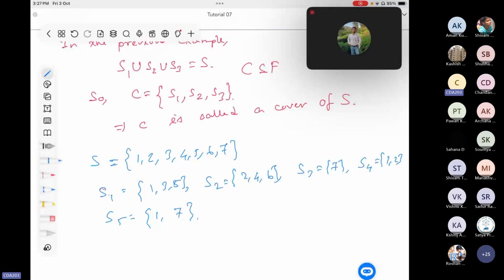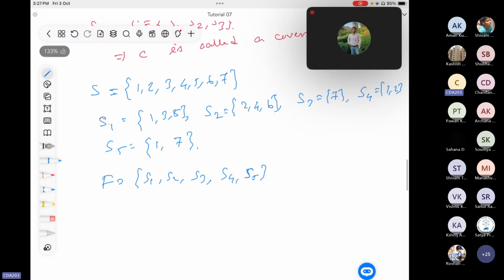So this kind of thing could be your F. F is S1, S2, S3, S4, S5. So depending on your F, you can see that you can cover every element using S1 union S2.